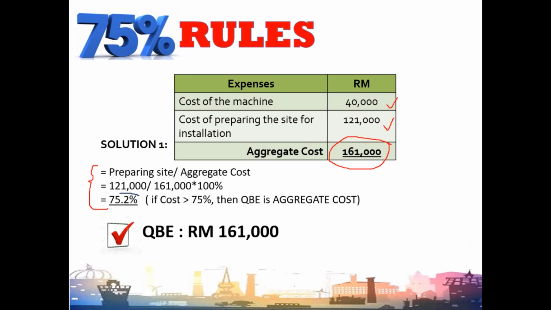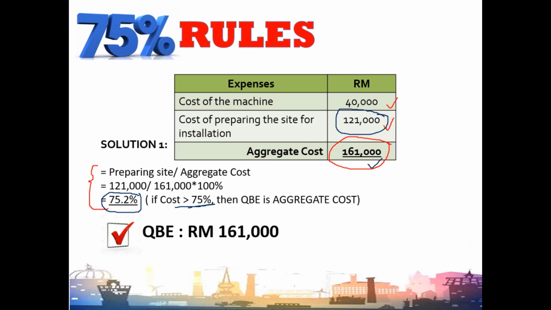The answer is 75.2%. As the formula in the previous slide says, if the cost is more than 75%, then we take all the aggregate costs as part of QBE. So the answer is 161,000 because the cost of installation is more than 75%. This is one example.